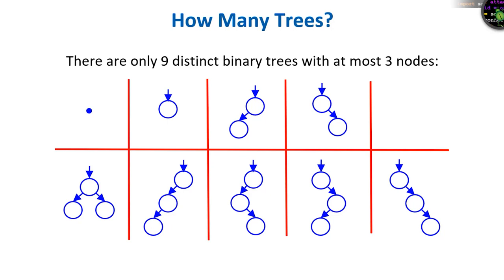One binary tree with a null root, one binary tree with a single node as the root and no children, 2 binary trees with a root and one child, one on the left and one on the right, one binary tree with a root and 2 children, and 4 binary trees with a root, one child of the root, and one grandchild of the root.